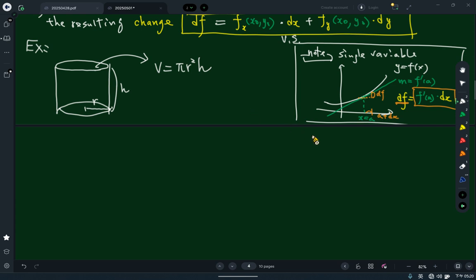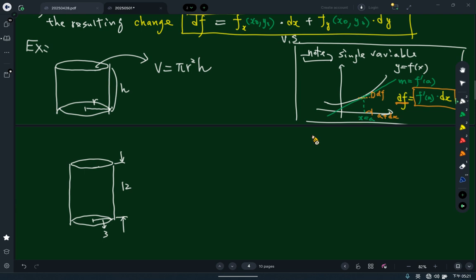But now, maybe let me draw another one. If the original base radius is 3, and its original height is 12, then we want to make a small change in its radius and its height.